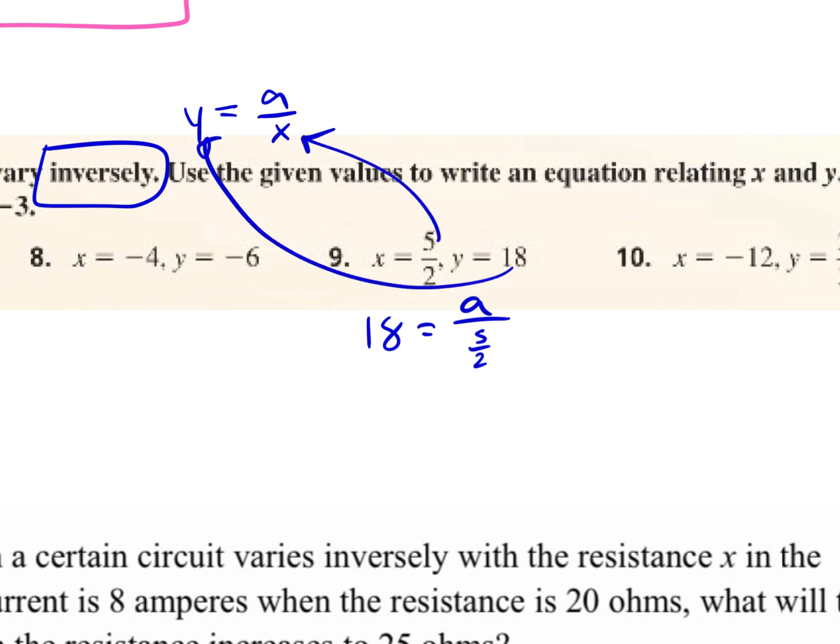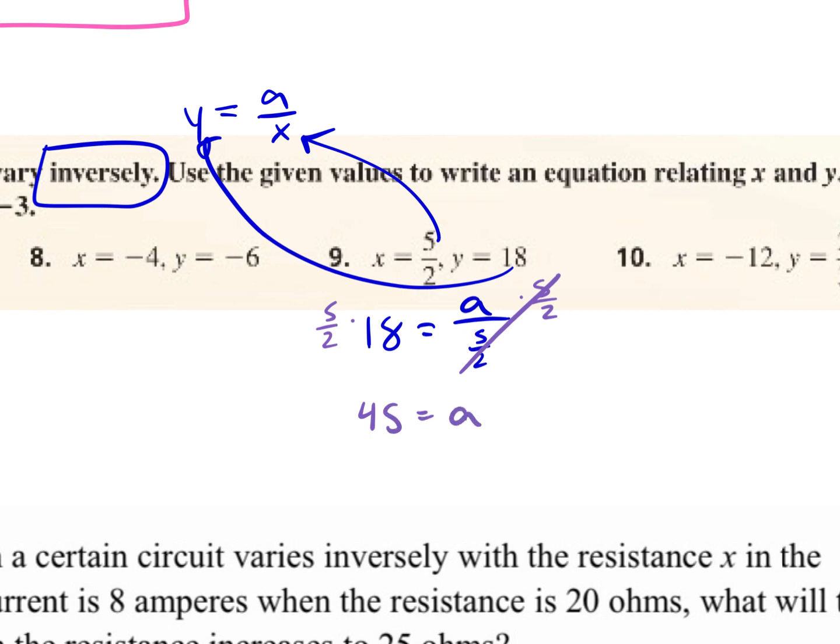All right, now how do I solve for a? Perfect. We're going to multiply both sides times 5 over 2. So 5 times 18, or we could divide 18 by 2. That would be 9. 9 times 5? 45.